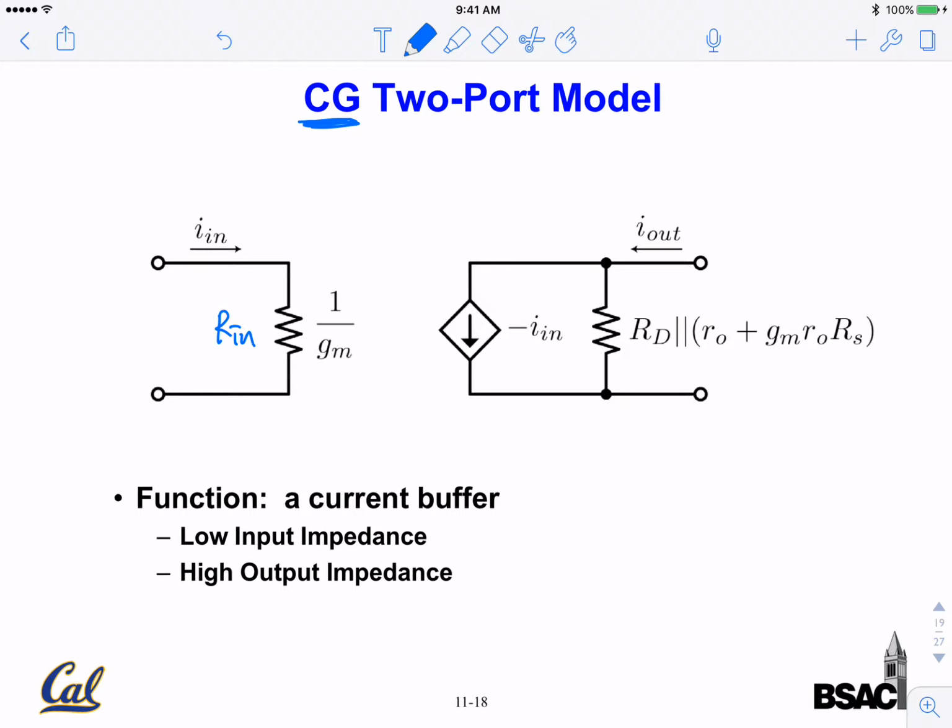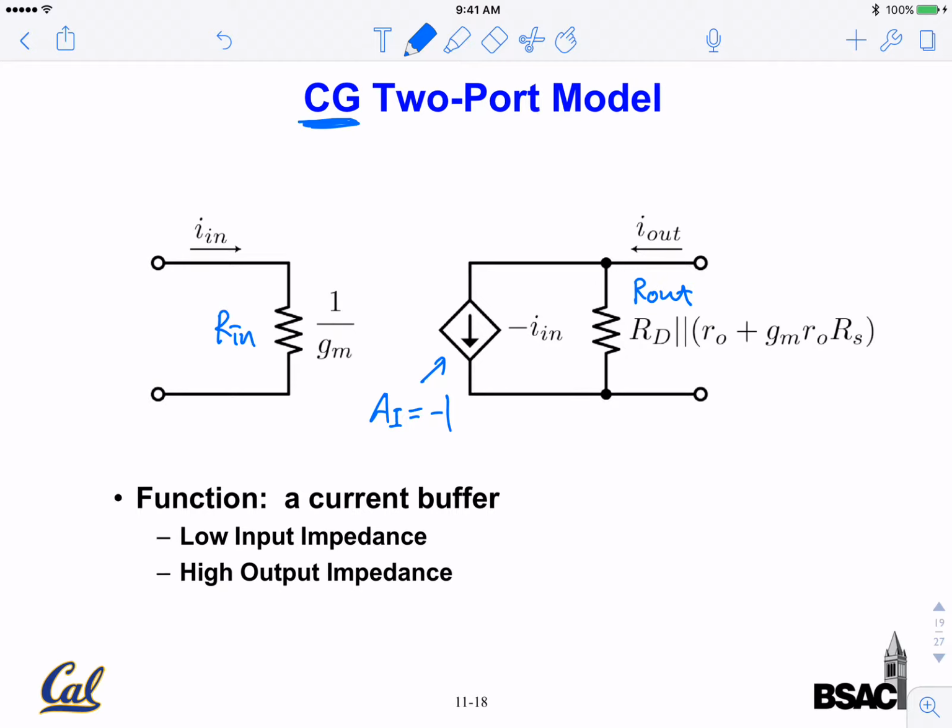Rin is 1 over Gm. And I have a current gain. For current output stage, I should have Norton configuration. So my Rout is in parallel with my dependent current source. My dependent current source, AI, is equal to -1. Okay, so that's the whole circuit.